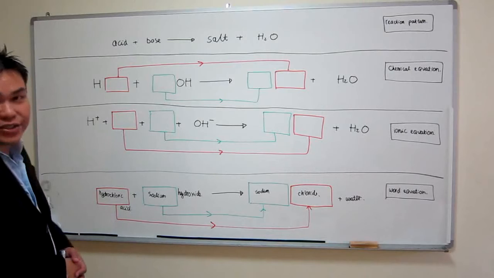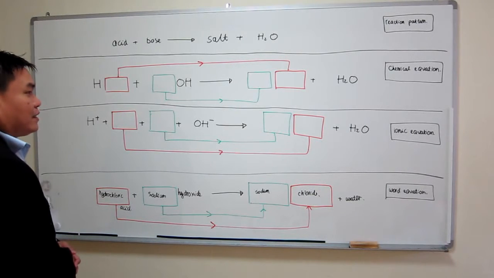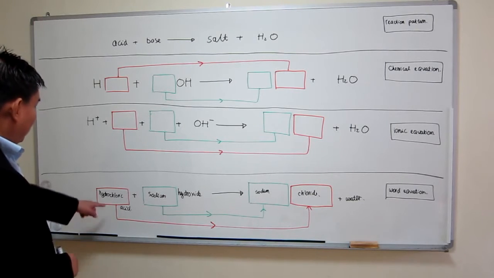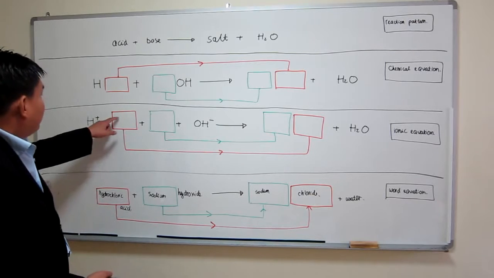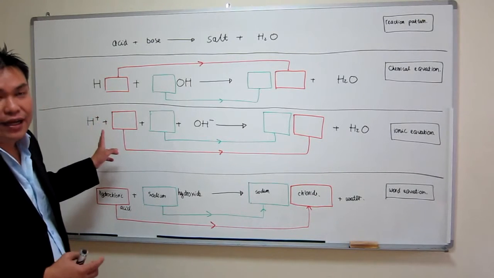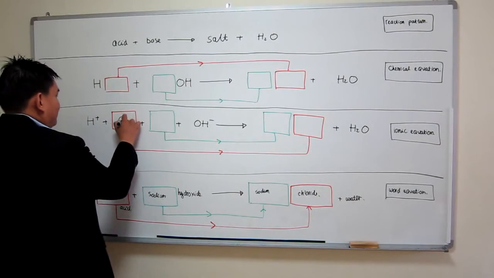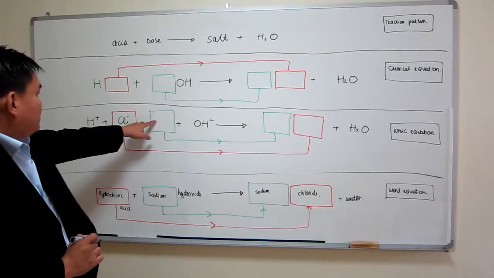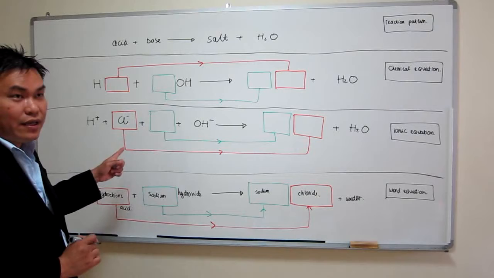What if the question asks you about ionic equation? Then it's also very easy for us to do. Hydrochloric acid, if you dissolve that in water, then you're going to produce one cation and one anion. In this case, the anion will be Cl-. And sodium hydroxide will produce cation and anion.